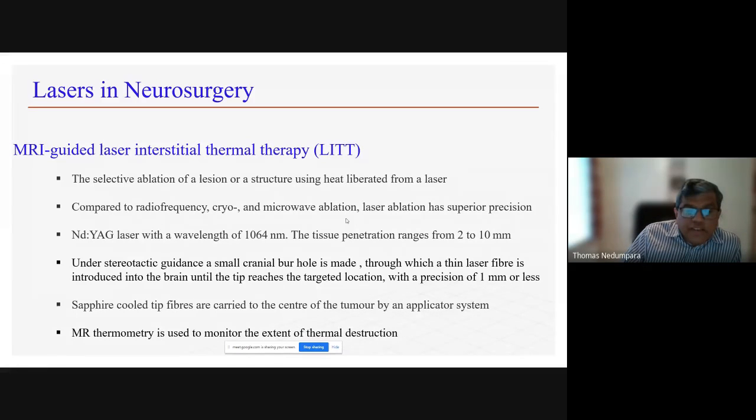Then use a sapphire tip fiber, which is cooled, to the center of the tumor using an applicator system. And you use thermal energy to destroy the tumor. You have to make sure that the surrounding normal tissue is not heated, so use magnetic resonance thermometry to monitor the temperature of the surrounding tissue.